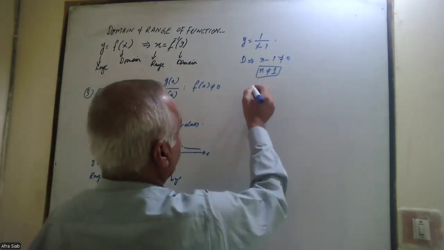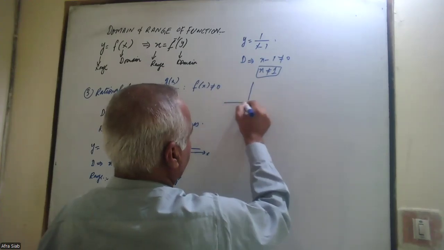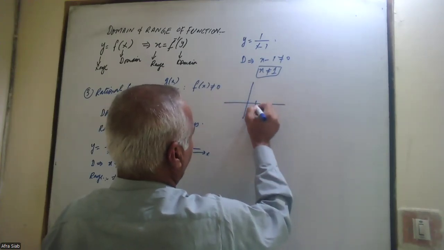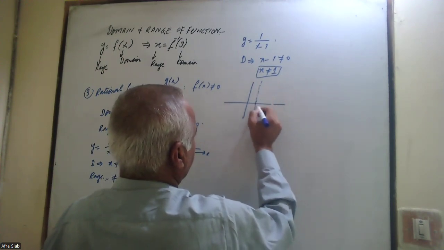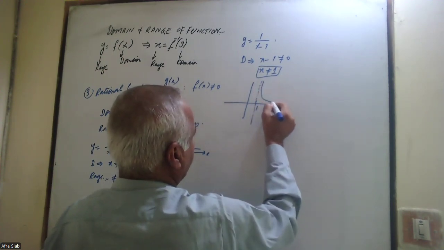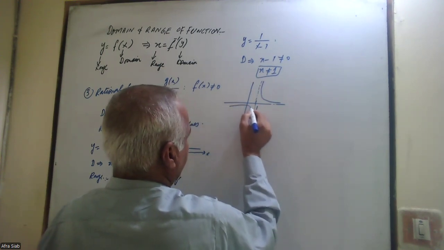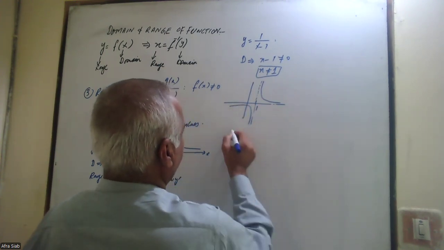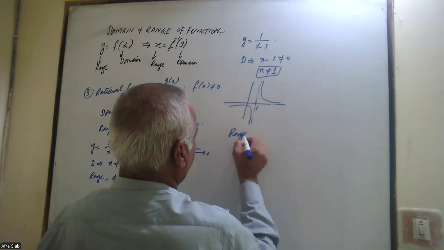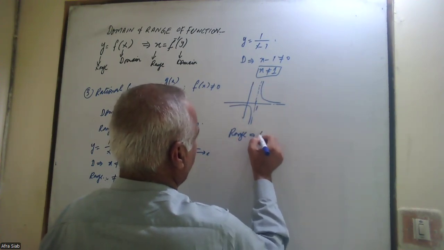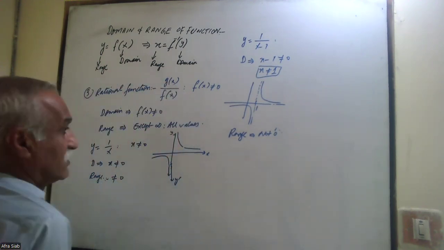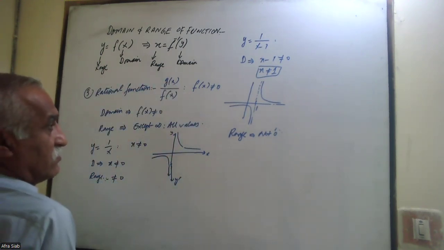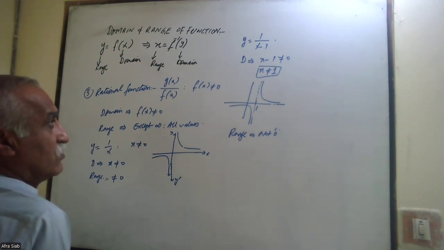And if we draw the graph of this one, it is a graph like this. So the range of this graph will be not 0. The rest of the values are possible here. Range is the values of y, and the y value cannot be equal to 0 in this case.